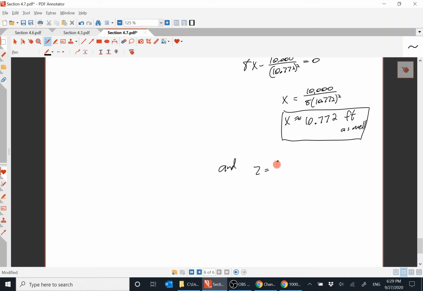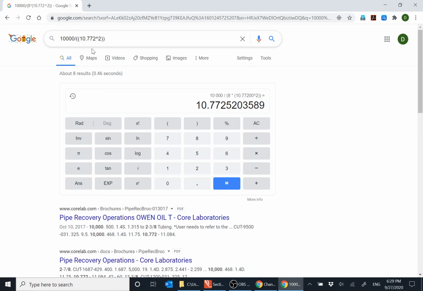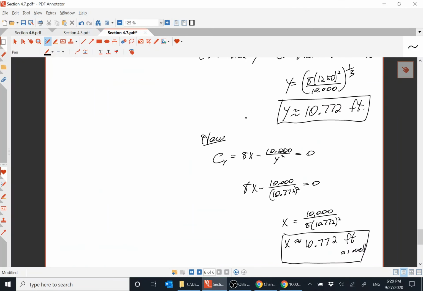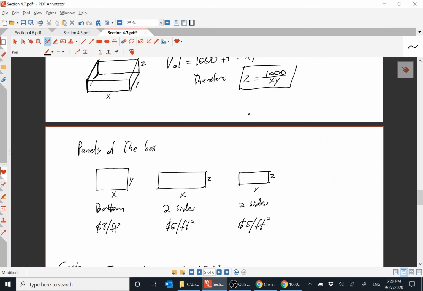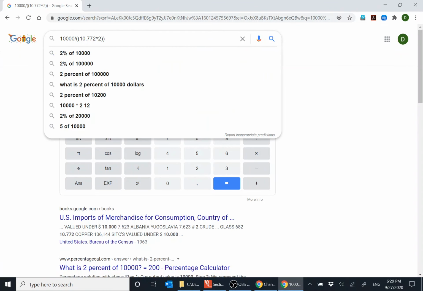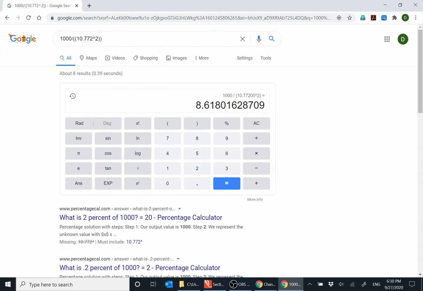Z is equal to 10,000 over x times y, which is 10,000 over 10.772 squared, which is equal to, so just get rid of the 8 there. Z was 1,000 over that, 8.618 feet.